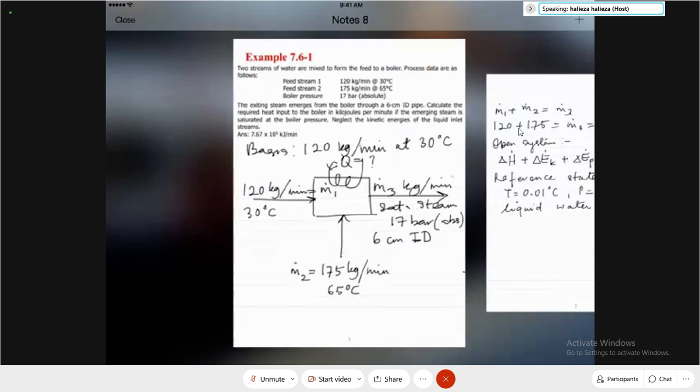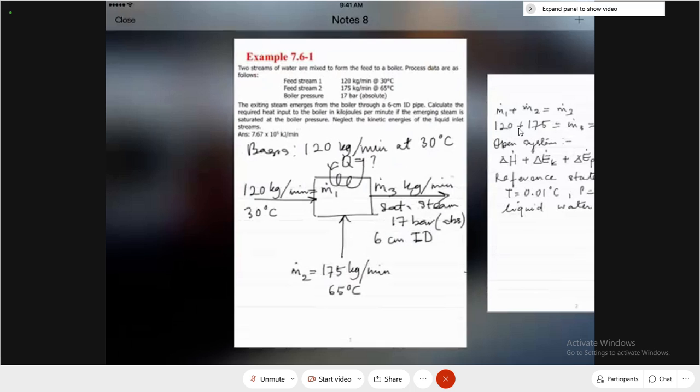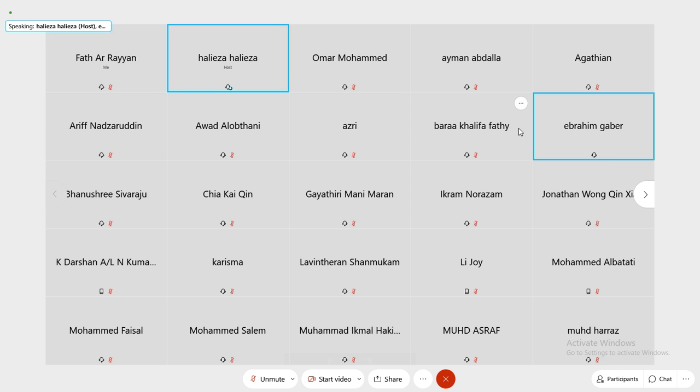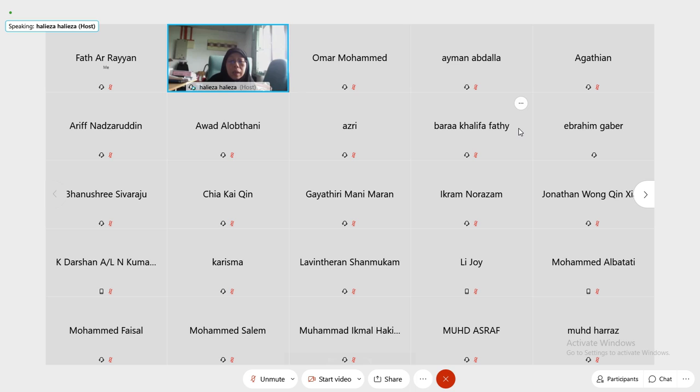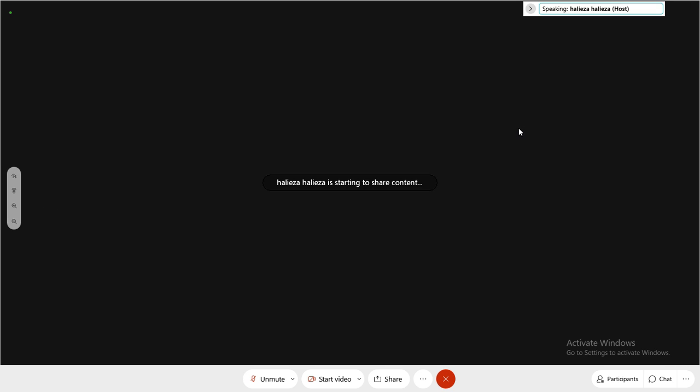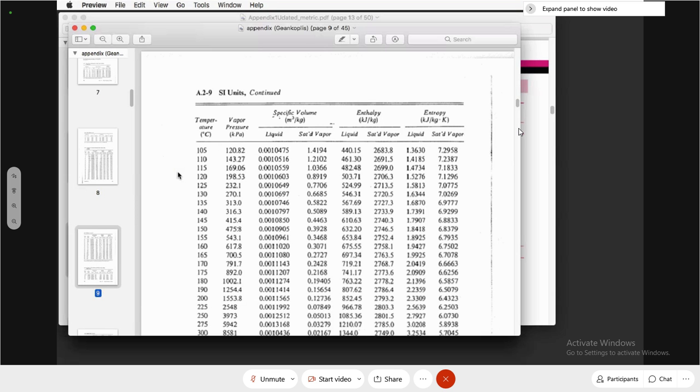I'm going to unshare this and share my PowerPoint, or I have the steam table. Where is my steam table? Okay, this is my steam table from the appendix. Let's see, 17 bar.